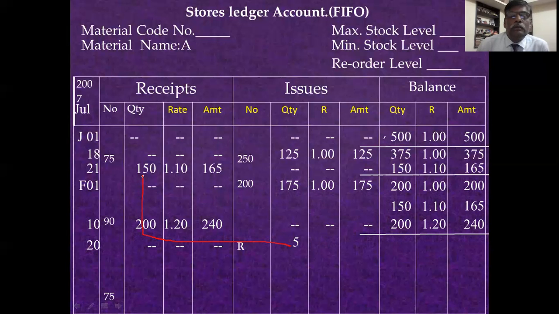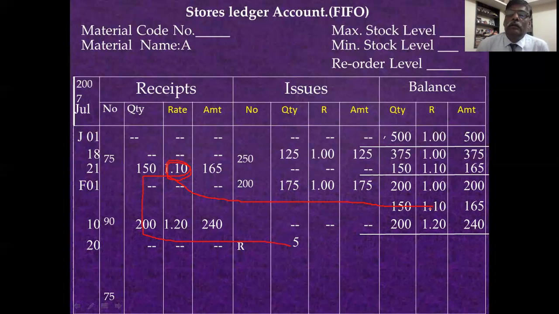January 21st is 150 kg purchase. Its rate is 1 rupee 50 paisa. You have to see if this 1 rupee 50 paisa is in the balance column or not. If 1 rupee 10 paisa is in the balance column, therefore, you issue at 1 rupee 10 paisa.